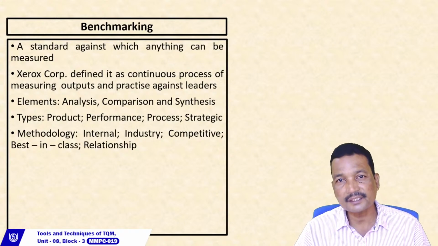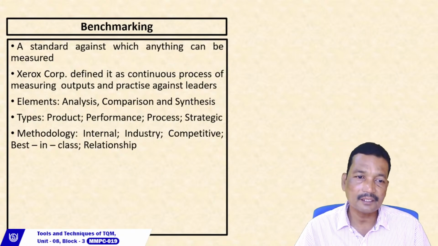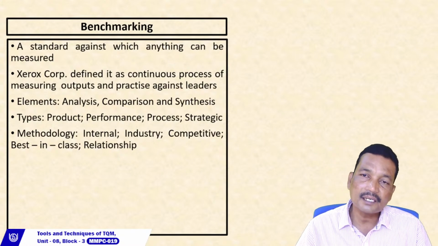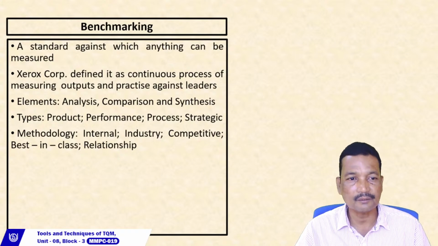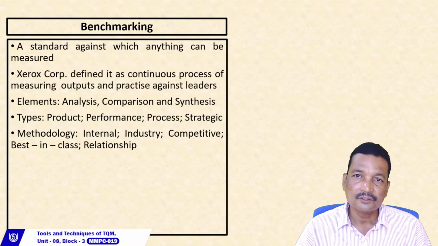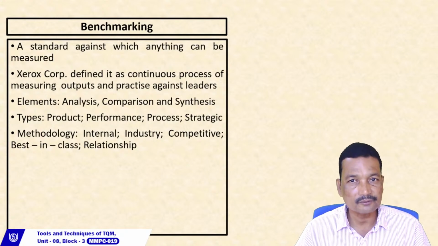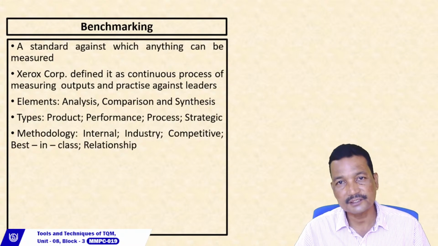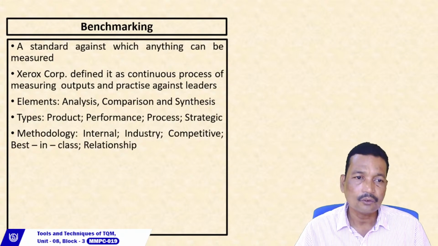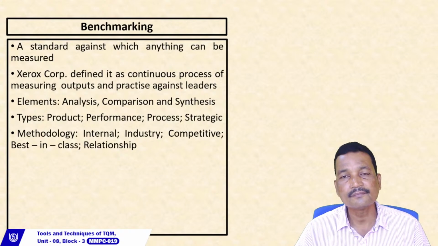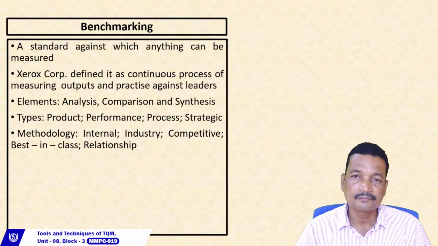Since we are considering in our example Apple as the leader, we are also a producer of mobile phones. So we take the benchmark of the leader, that is Apple. What are the functions, how they are producing, what are the features in the Apple phone. All these things we take into account.